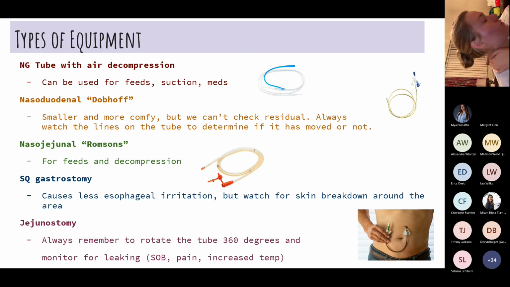Dobhoffs usually are only used for enteral nutrition anyway. If someone has a tube that goes directly into the stomach, we really need to be watching for skin breakdown and rotating that tube to make sure it doesn't get stuck.